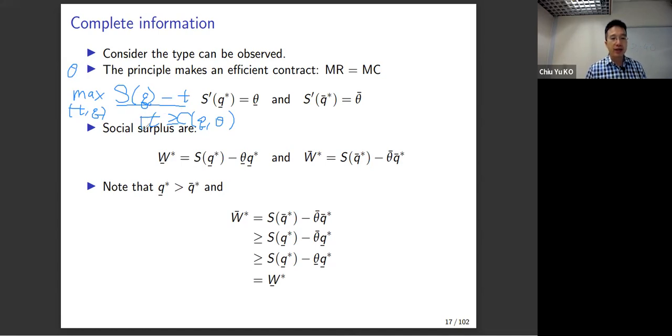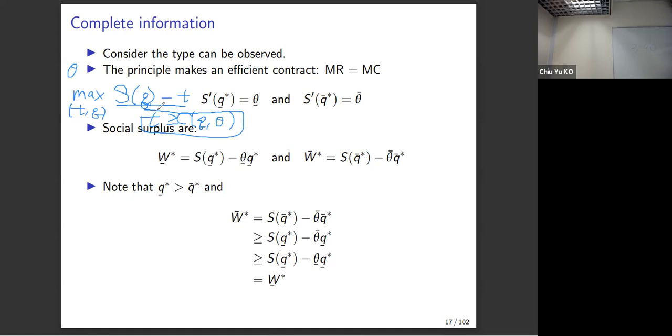And I want to make sure that, because this is a take it or leave it offer, okay? I make sure that the payoff of the agent would be non-negative, right? Because I assume also the outside option is 0, right? The agent gets the payment T, he produces, he has to pay C of Q, right?